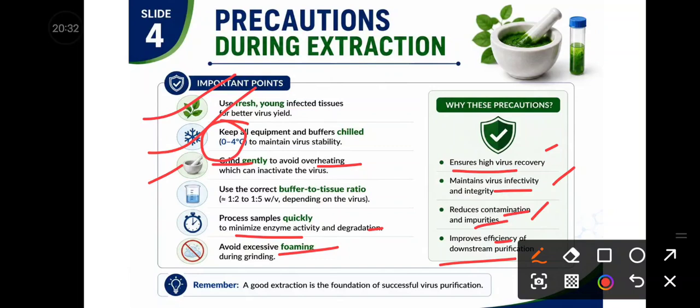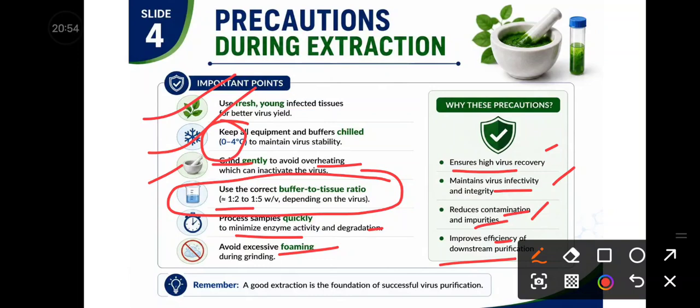If you do not give that much time, you will skip the activity of the degradative enzymes. Okay, and the final, most important one: use the correct buffer to tissue ratio, that is 1 to 2 to 1 to 5 weight by volume, depending on the virus.